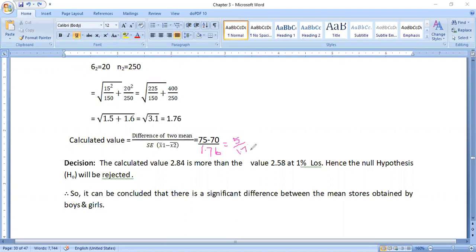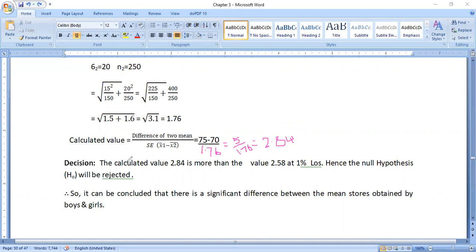Then finally the calculated value we got is 2.84. This is the final calculated value result.